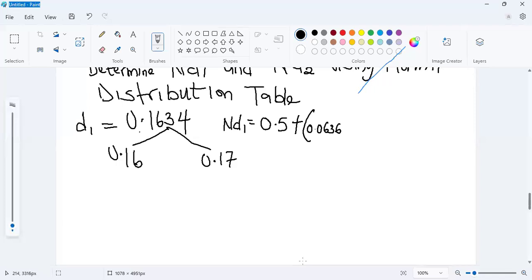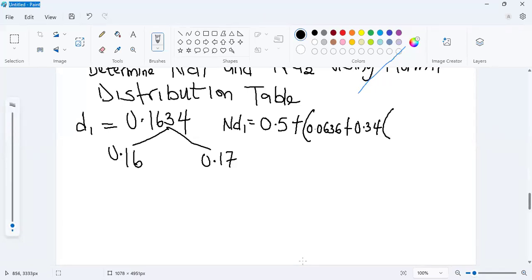I've checked 0.16. I'm left with 34. I'll pick it plus 0.34.